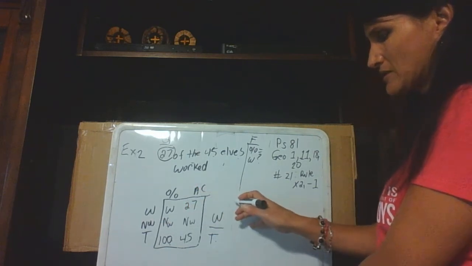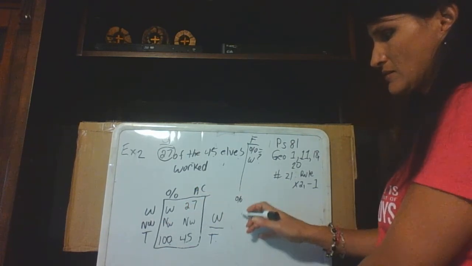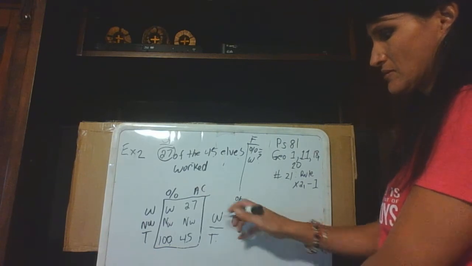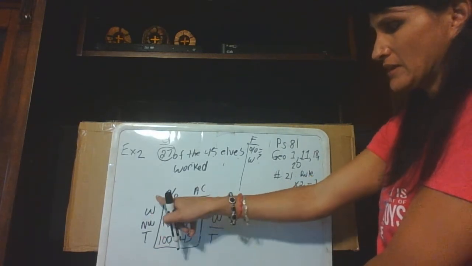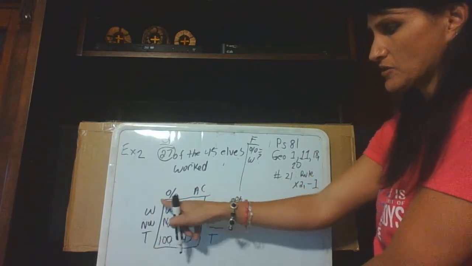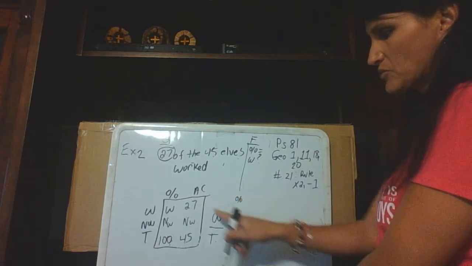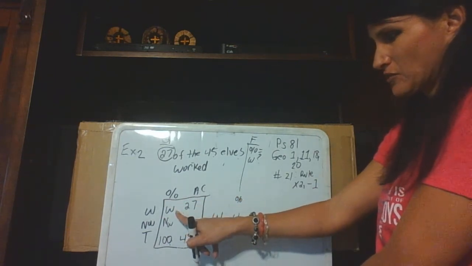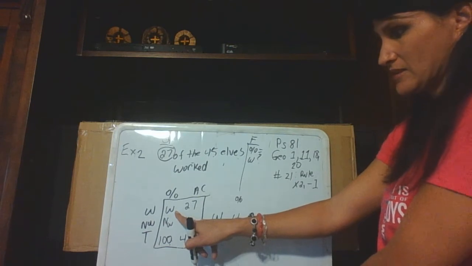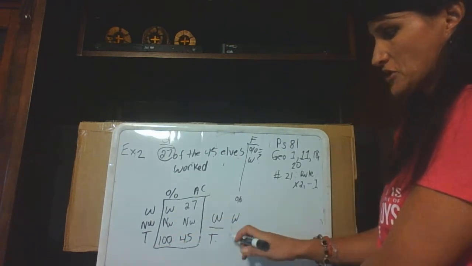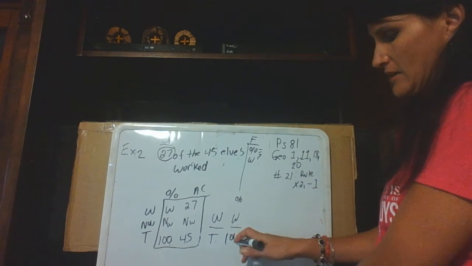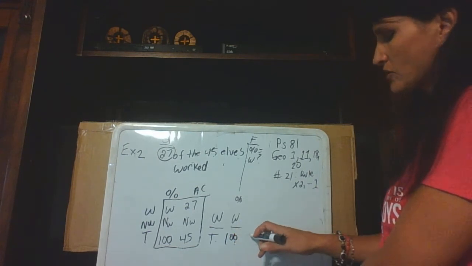Okay, then I fill this in. Well, my percent is going to be W. Here's your worked. Now these are just labels, so don't get confused. Here's your labels, here's your actual percentages. There's the percent for W, which is W. We don't know what it is. Here's your total column, which is 100. And again, this would always be 100 for your total.